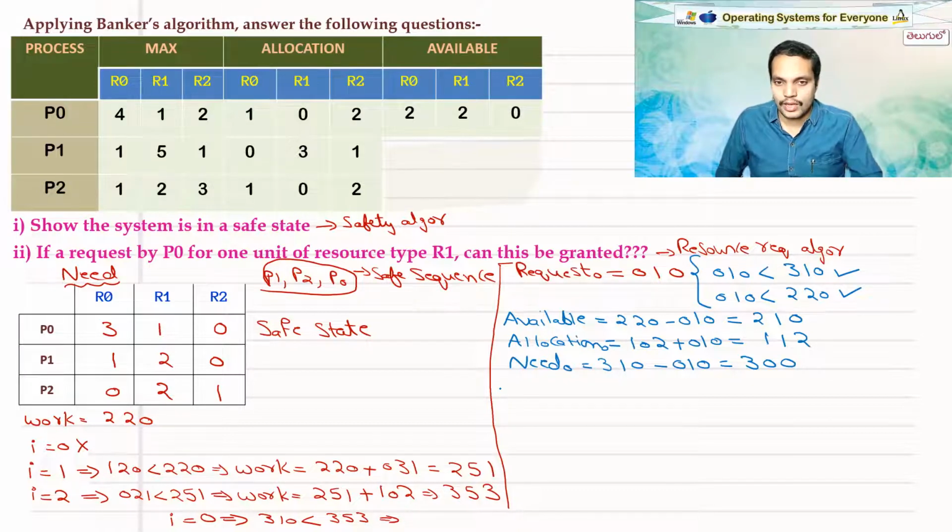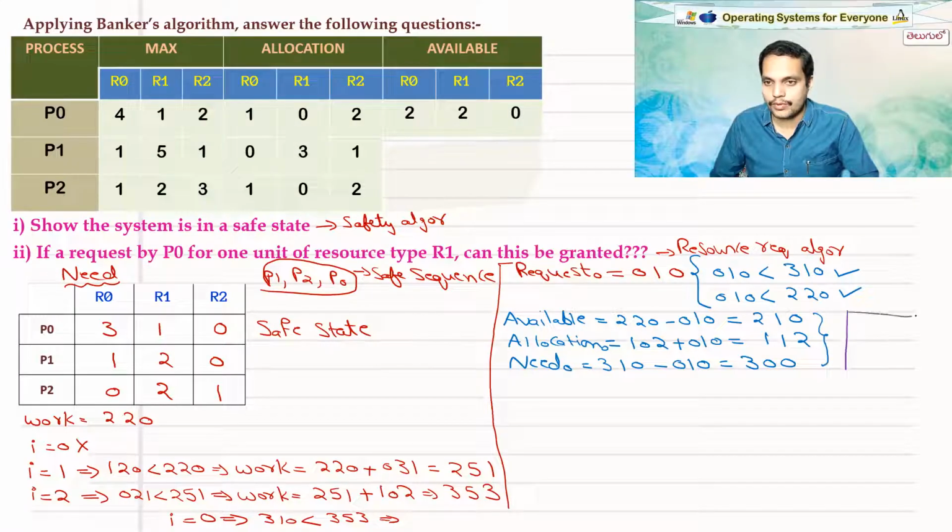So now if I have to run the safety algorithm, the need matrix will be, I'm just writing it down, the need matrix for the processes. There's not much big difference except that for P0 it will be 300, for P1 it will be 120, and for P2 021.